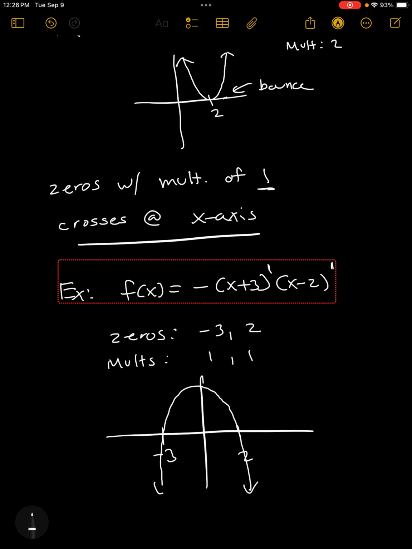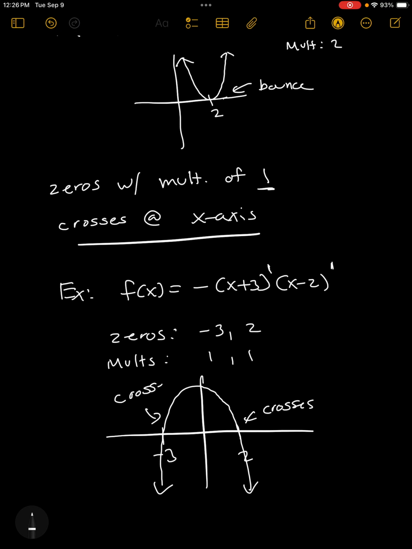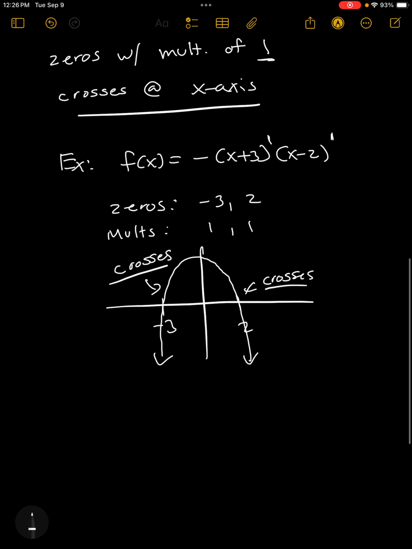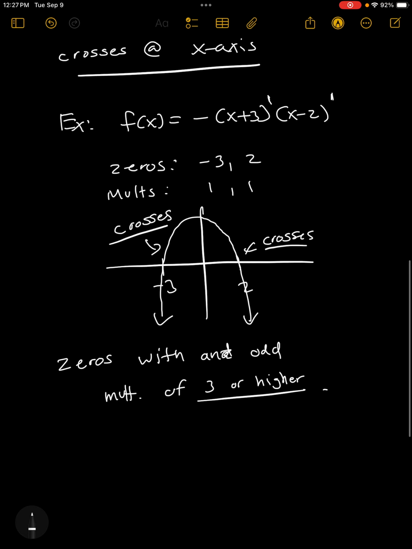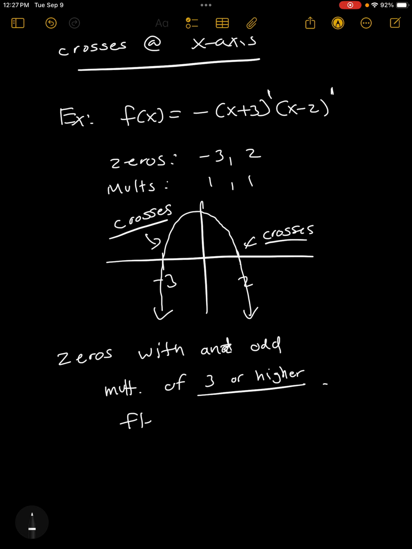The last example, and really this is just me using a terminology here, I'll show you in a second: zeros with an odd multiplicity of 3 or higher, in other words 3, 5, 7, 9, 11, 13, etc. It still crosses, but the terminology I like to use is flexes at the x-axis. A quick example would be something like f of x equals x plus 1 cubed.